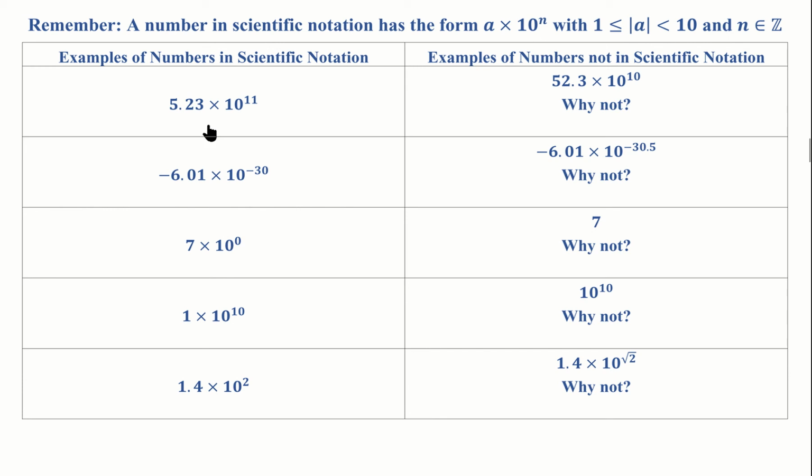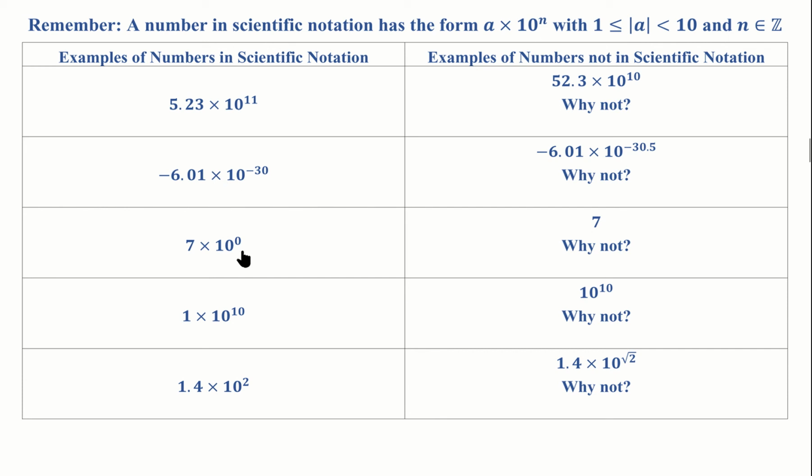Now notice with scientific notation, an old friend of ours makes a comeback, right? We haven't used the cross to signify multiplication for a long time, right? So ever since we started working with equations, etc., we've kind of reserved it for x, correct? But this is the one exception.